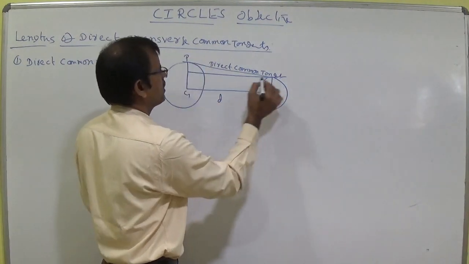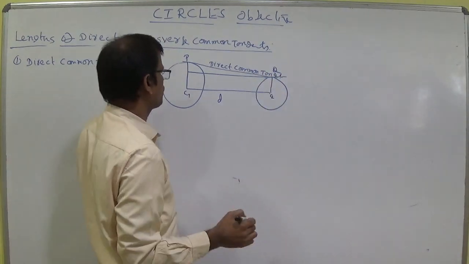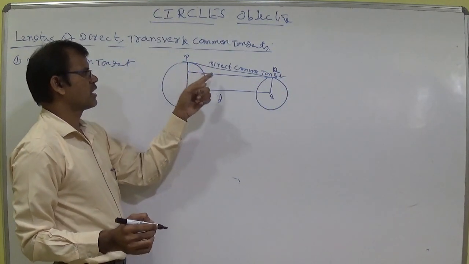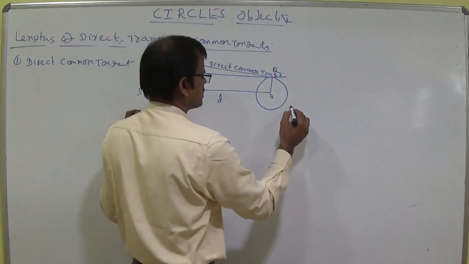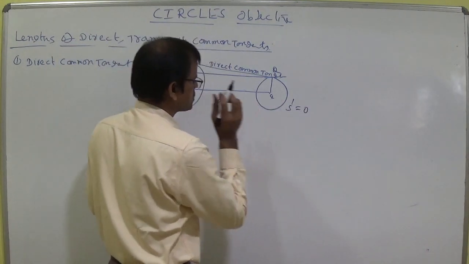Let this be point P and this be point Q, the points of contact of the direct common tangent to the first circle S = 0, which is P, and the second circle S' = 0, which is Q.